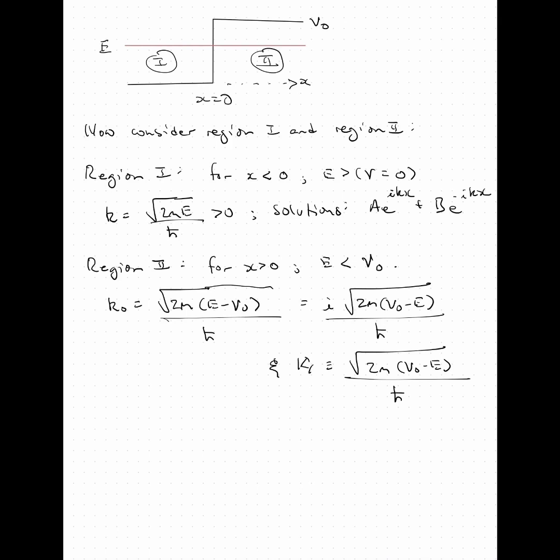Okay, by definition. And therefore, the solutions you end up with, c e to the i k naught x plus d e to the minus i k naught x, can be written as c e to the minus kappa x plus d e to the plus kappa x, where we know that for x tending towards infinity, we need to have the d term go to 0.